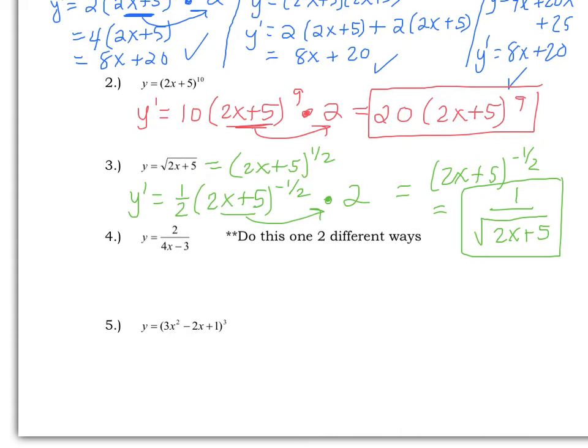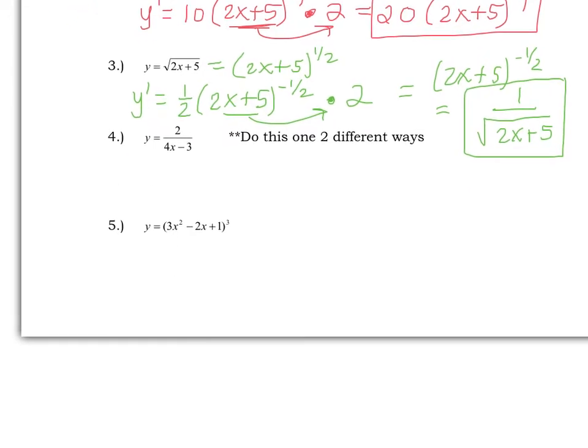Our next example here, let's take a look at this a couple different ways. Let's use first the chain rule. Now if I'm going to use the chain rule, I'm going to need to bring up this 4x minus 3. Now right now, as is, it's really raised to a power of 1. So if I were to bring this up, it's now raised to a power of negative 1. So notice that's still equal to y. So now, if I have brought that up, I could use my chain rule.